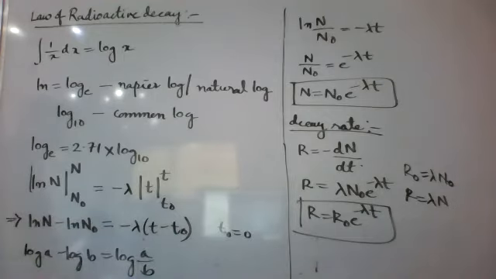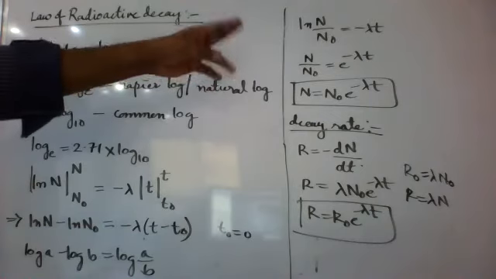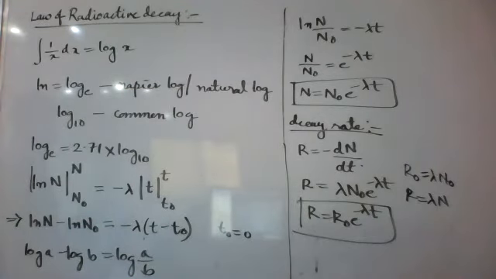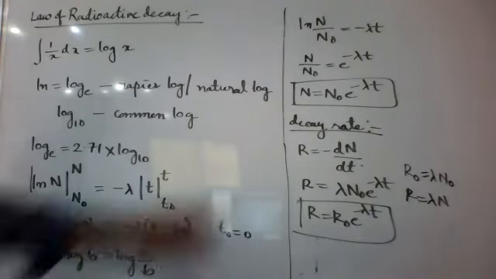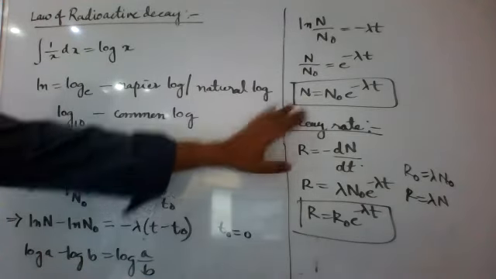Log a minus log b becomes log a by b. That can be written as N by N0, which is equal to minus lambda t. Remove the log, it becomes exponential, e to the power of minus lambda t. So N equal to N0 e to the power of minus lambda t. This is the final formula.